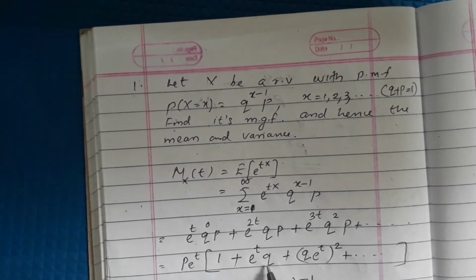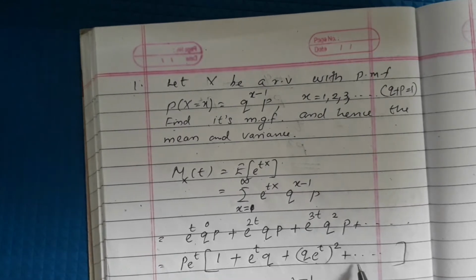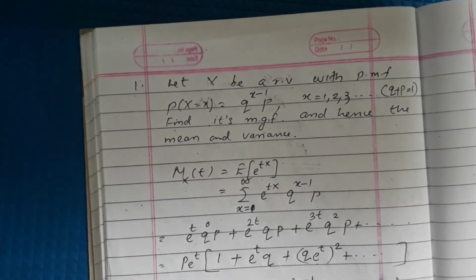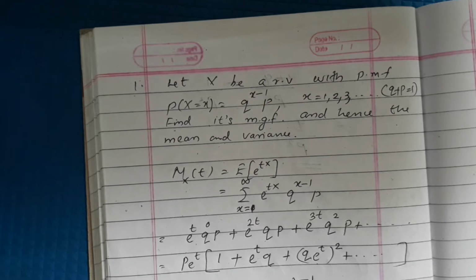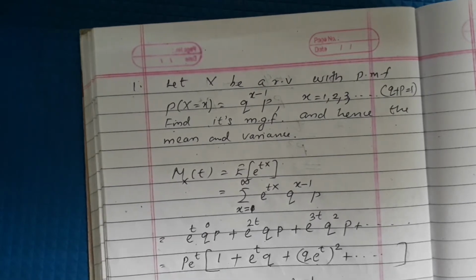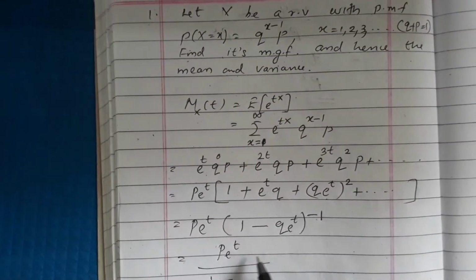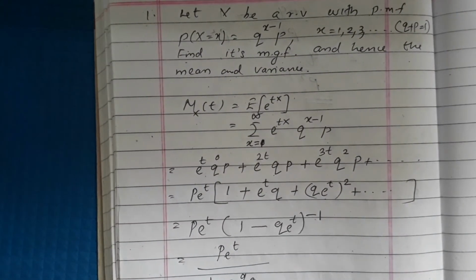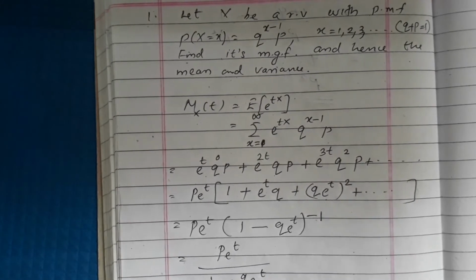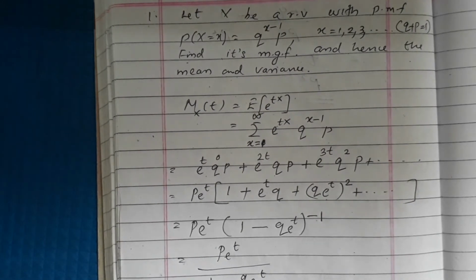So the MGF is p e raised to t divided by 1 minus q e raised to t. This is the MGF of the given probability mass function.